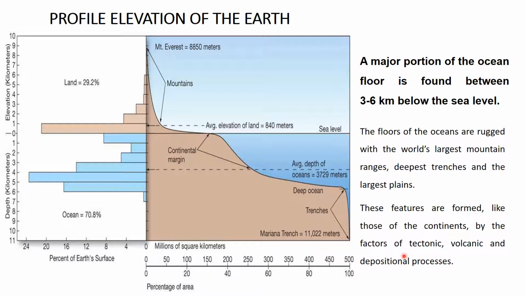You have the plate movements and then sea floor spreading, all of which you did in your first unit. All of those concepts you need to remember, and the same will be relevant in understanding the relief features of the ocean floor.